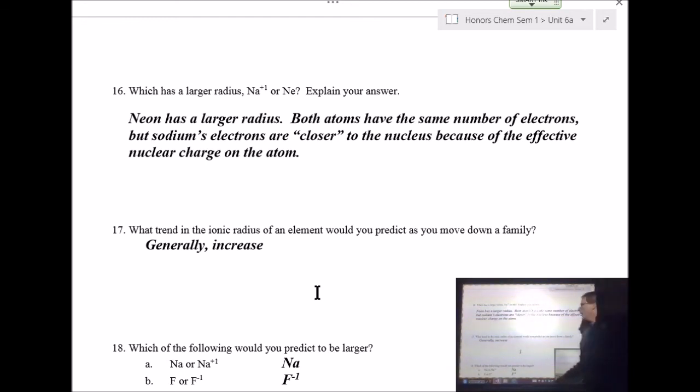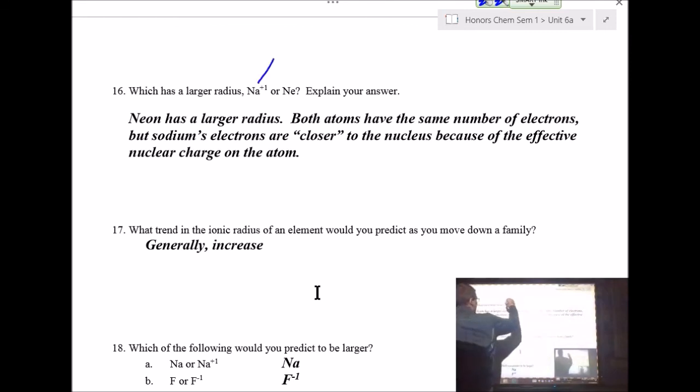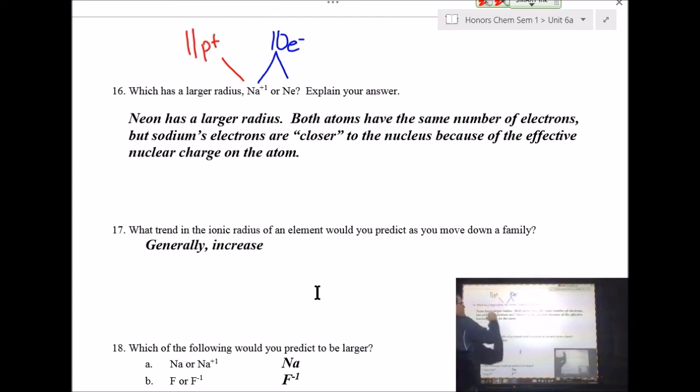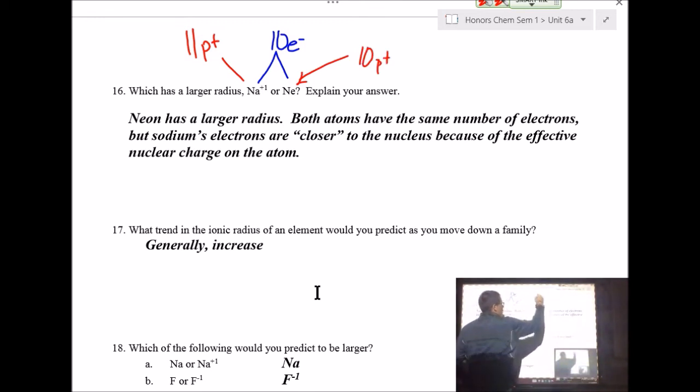Okay, so again, these both have 10 electrons. So they both have the same number of negative charges. Sodium lost one. It had 11. Now it only has 10. And then the sodium has 11 positive charges in the middle, where neon only has 10 positive charges in the middle.